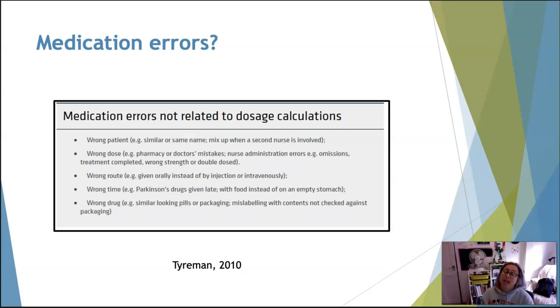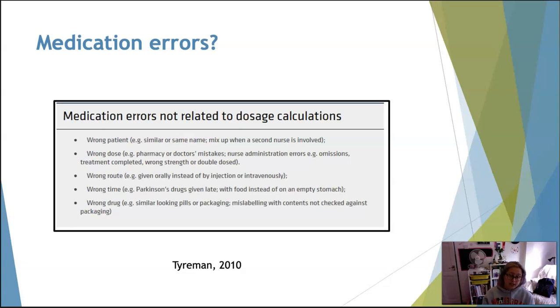So when we think about medication errors, some of the most common ones, not related to dosage calculations, not relating to the math side that we're going to look at later on, are wrong patients. So patients being given the wrong medication. So things like similar names or similar looking patients, mix-ups when second nurses are involved.